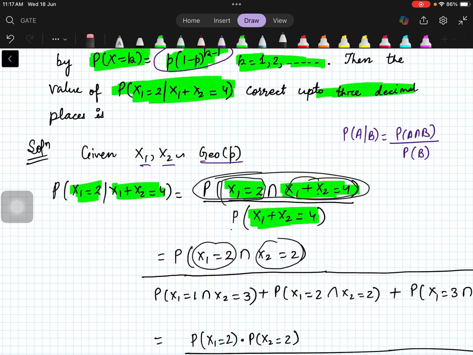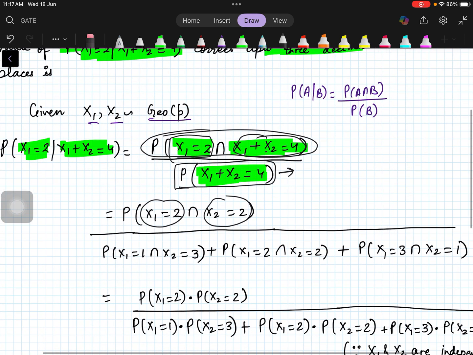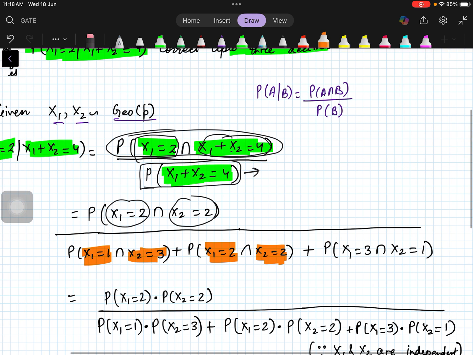And then in the denominator we have to combine all the cases where x1 plus x2 is 4. So, what are the possible ways for x1 and x2? The sum has to be 4. So, that is if x1 is 1 and x2 is 3, or x1 is 2 and x2 is 2, or x1 is 3 and x2 is 1. So, these are the possible ways for x1 plus x2 to be 4, right.